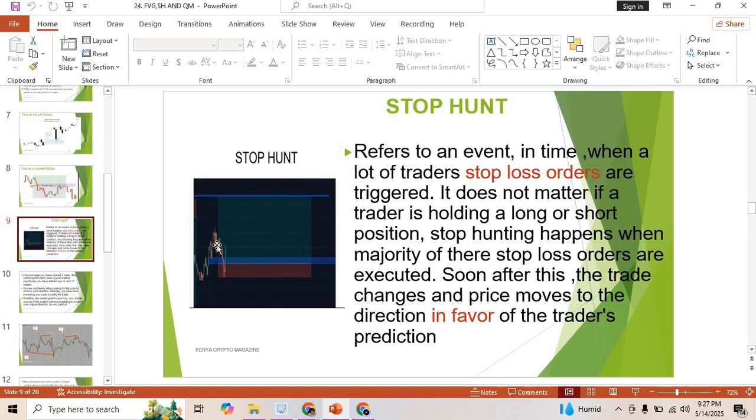The market comes into your zone, triggers your entry, but starts to go against you. Immediately after stopping you out of that trade, it goes in your direction all the way to your take profit.